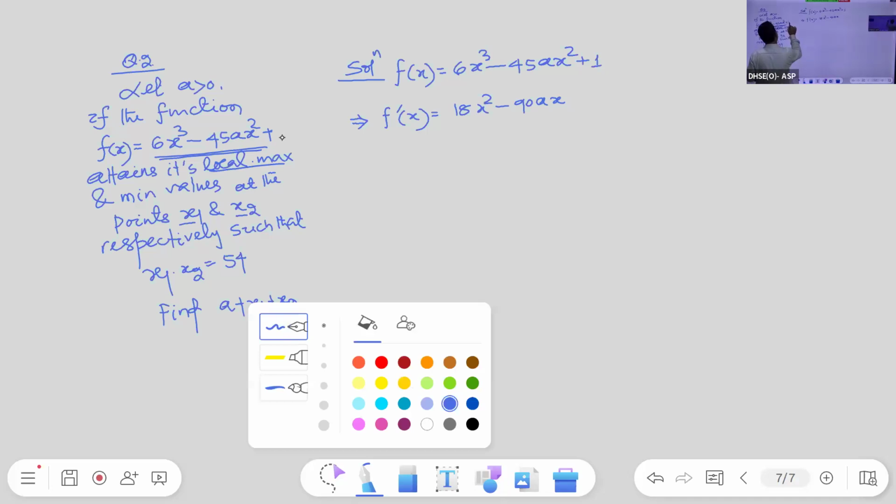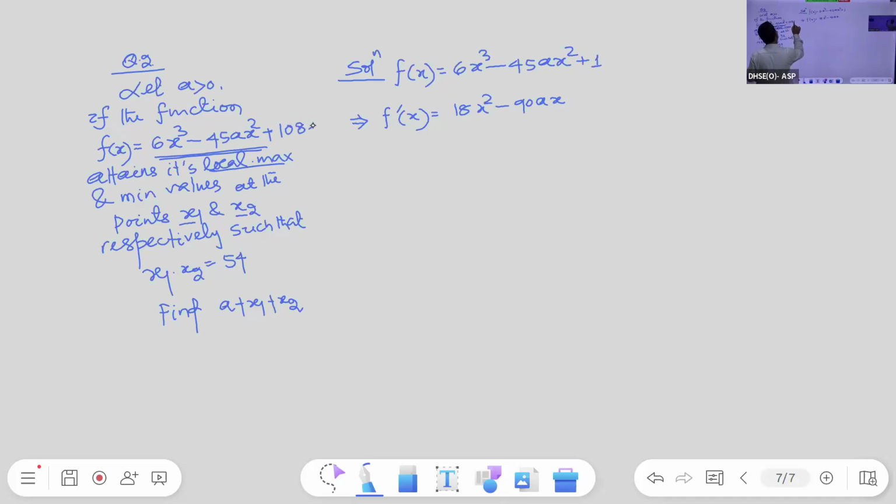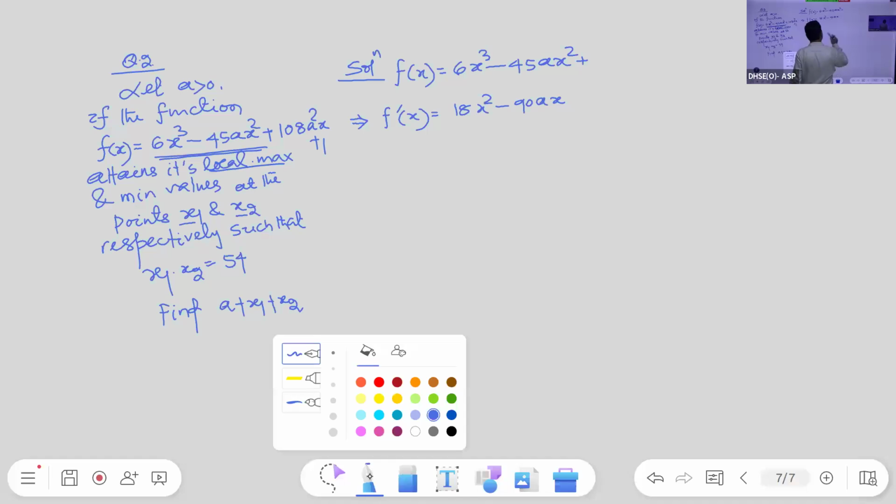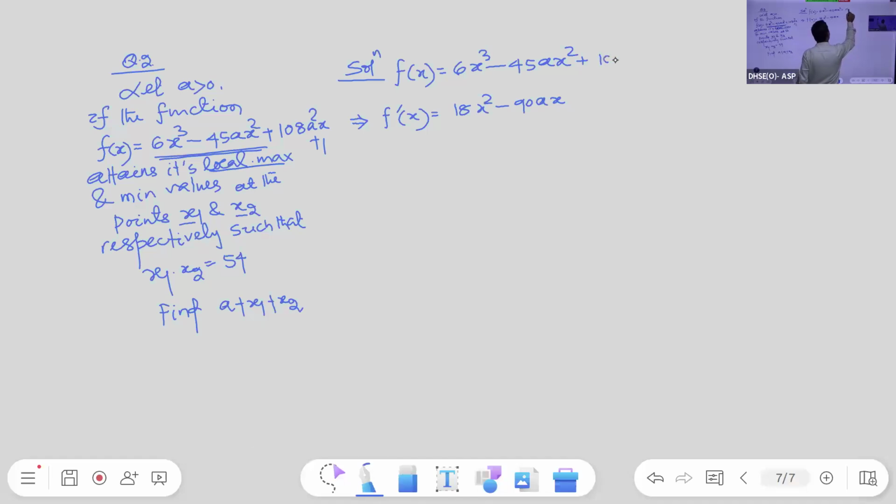It is 108 a square x plus 1. So f dash x is equal to 18x square minus 90ax plus 108 a square, right?